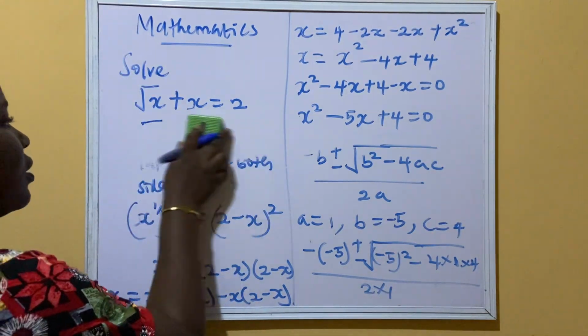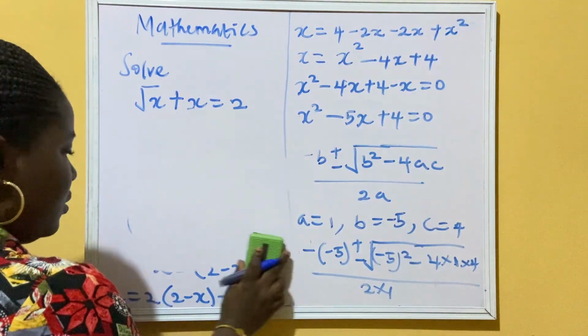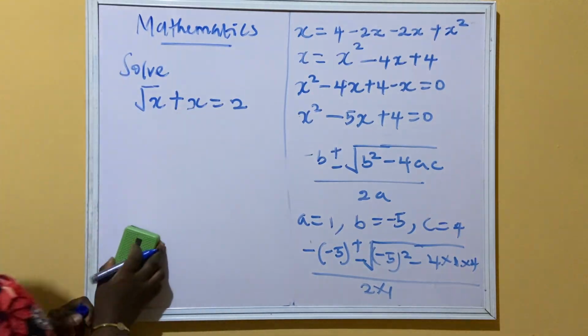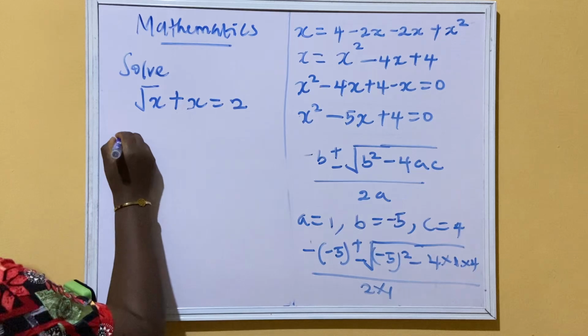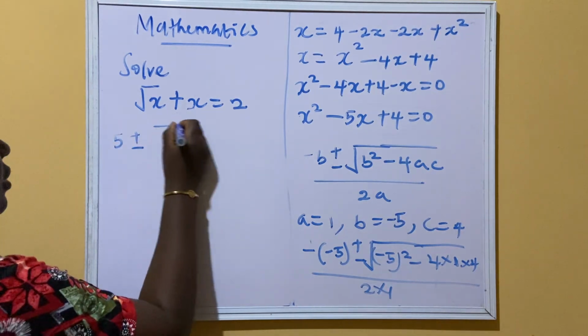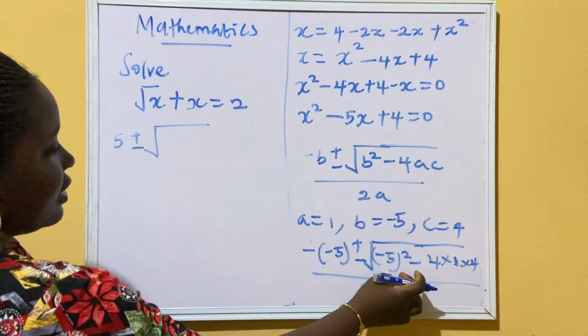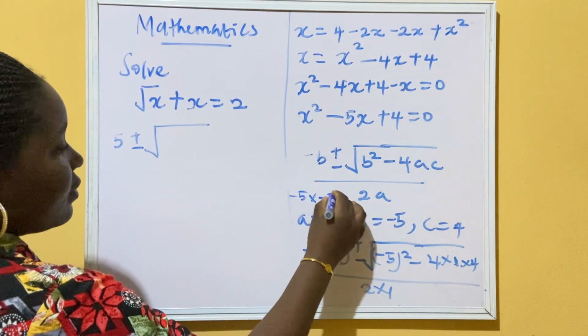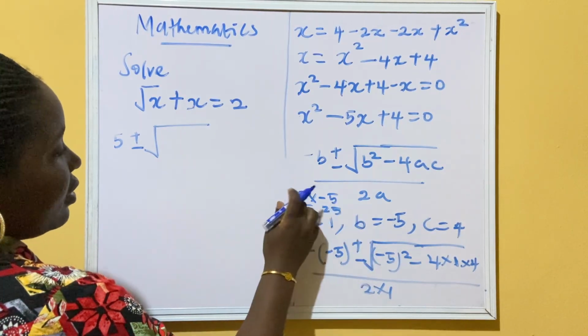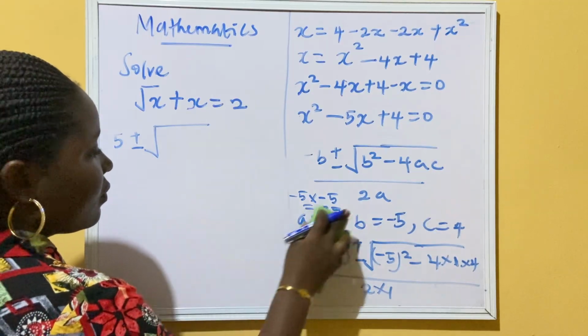Okay, so if we simplify this, minus times minus will give us plus, so you have 5 plus or minus square root of, minus 5 times minus 5 will give us 25, and minus times minus is plus.